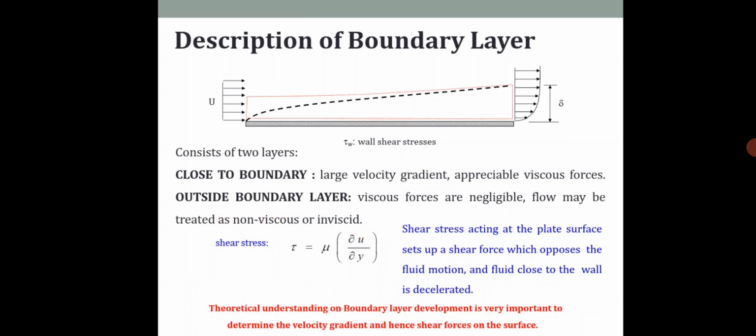Again the shear stress is tau equal to mu into dou u by dou y. The shear stress acting on the plate surface sets up a shear force which opposes the fluid motion. Since the shear force is opposing the motion of the fluid, the fluid close to the wall will be decelerated.